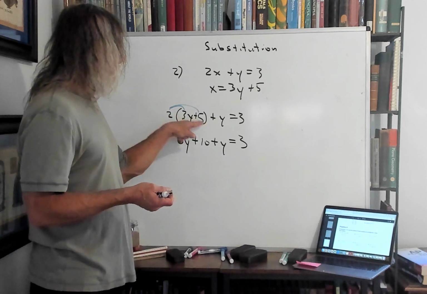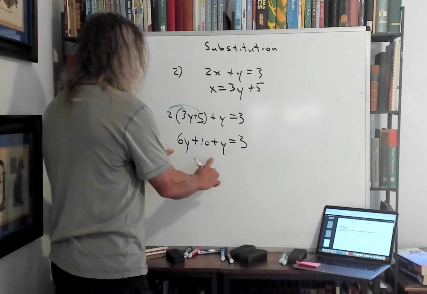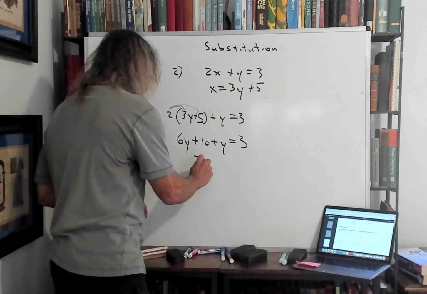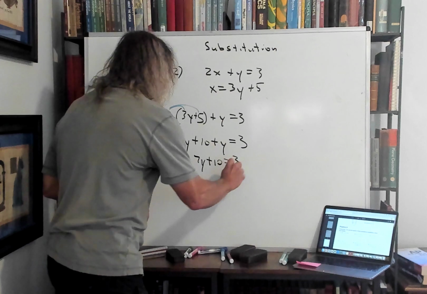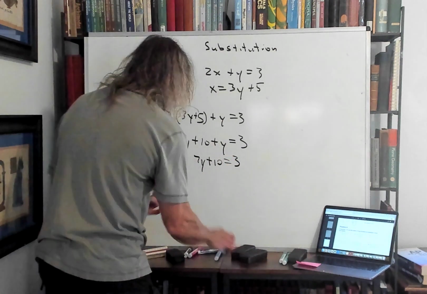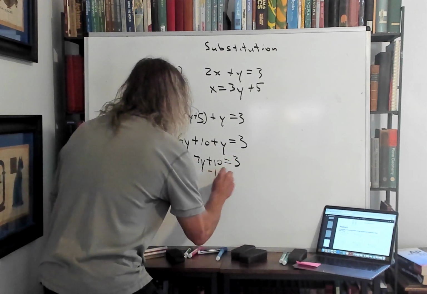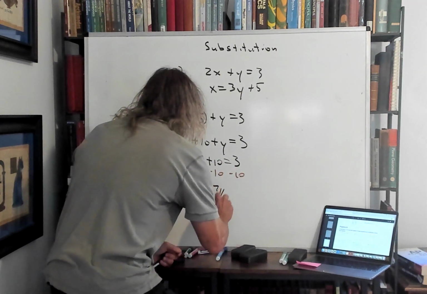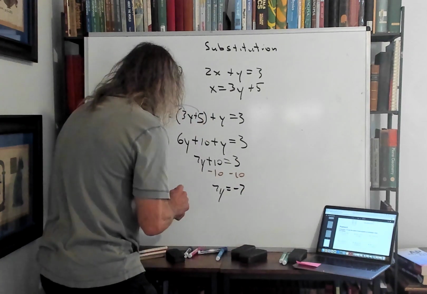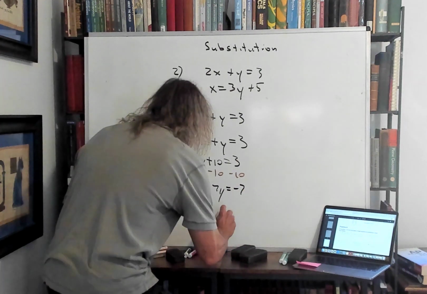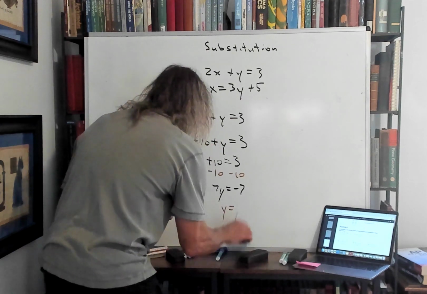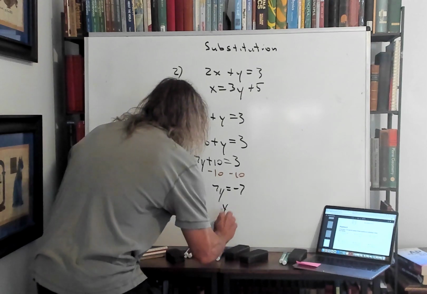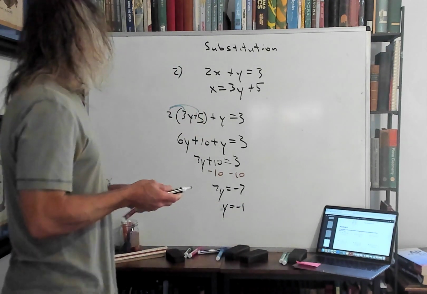So remember, each of them gets multiplied by 2. Now combine my terms. There's 6 of these and 1 of these to make 7. Subtract 10. Divide by 7. So y is negative 1.